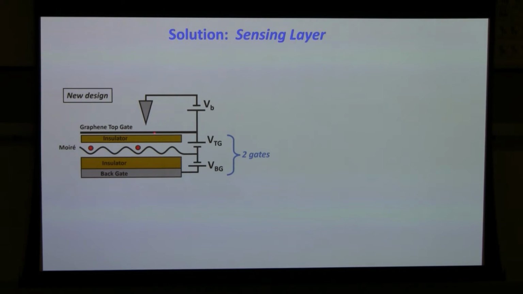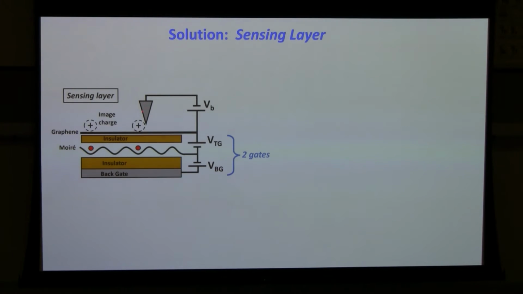And that single layer of graphene on top we call the sensing layer, and it has a lot of good properties. For example, it gives us a top gate. Now we have another gate, and 2 gates are always better than 1. Also, what we can do now is sense. The idea is that we can sense the electrons in the moire hetero bilayer by how they alter the electronic structure of the graphene.